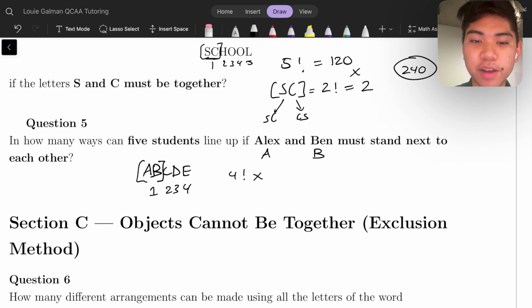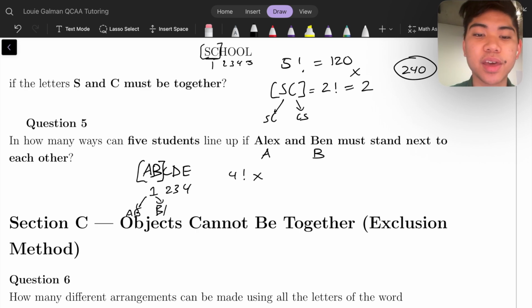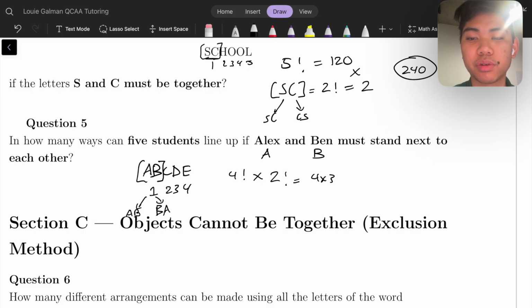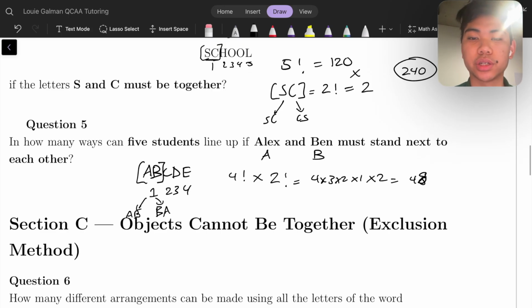Multiply that by the number of different combinations we can have for Alex and Ben. So we have AB, or we have Alex and then Ben, or we have Ben and then Alex, BA, which is 2 combinations. So we have 4 times 3 times 2 times 1 times 2, which is 48 different arrangements for that.